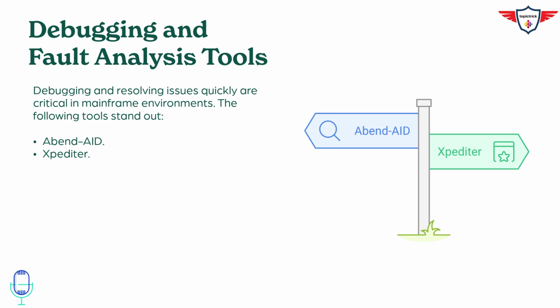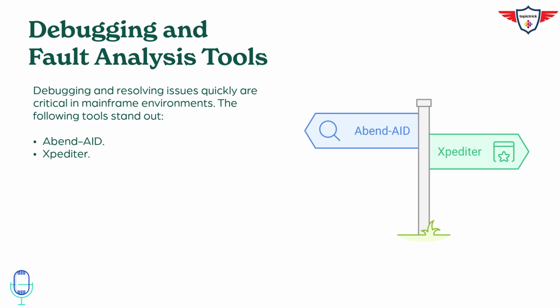And we also have Xpeditor, right? Another tool for debugging. How does it differ from Abend-Aid? So while Abend-Aid focuses on analyzing the aftermath of the crash, Xpeditor allows developers to observe the program's behavior in real time. Oh, so it's like having a magnifying glass. Like that. It allows developers to step through the code line by line, examine variable values, and track program flow.